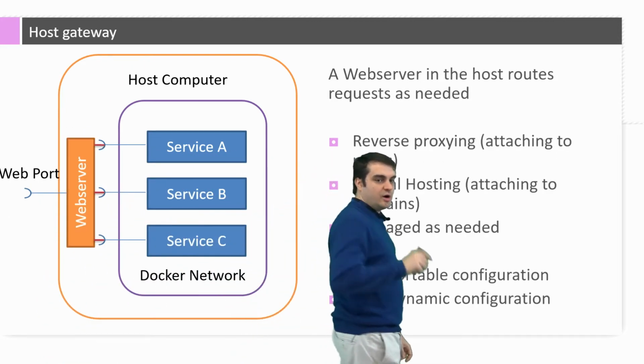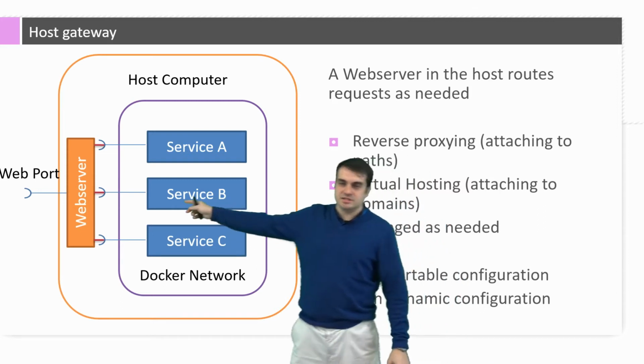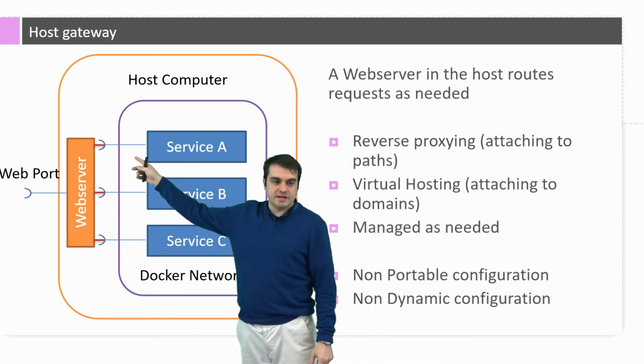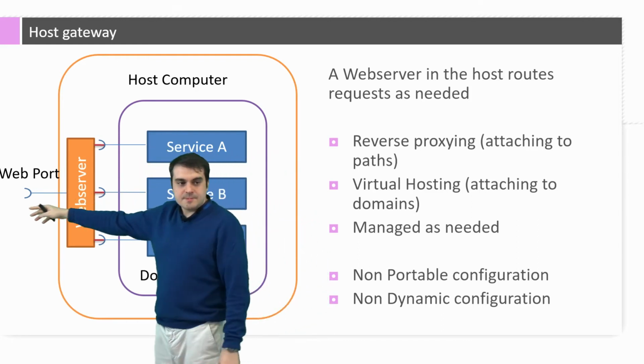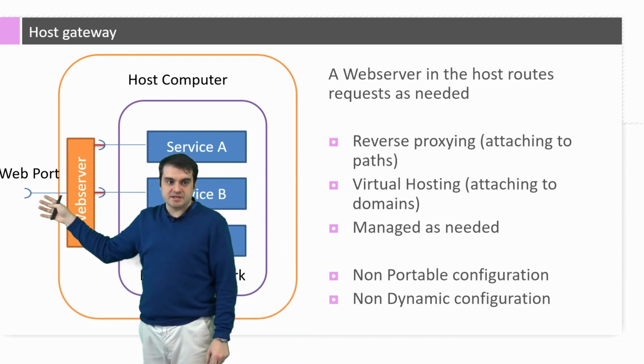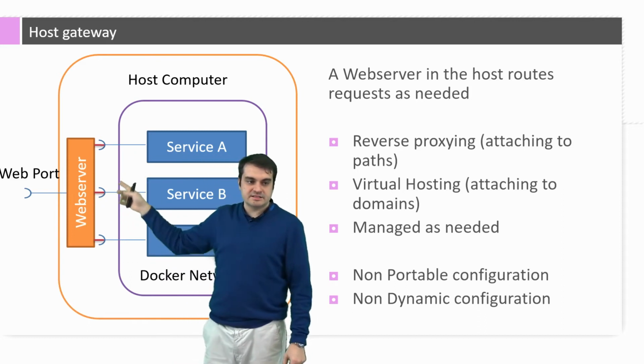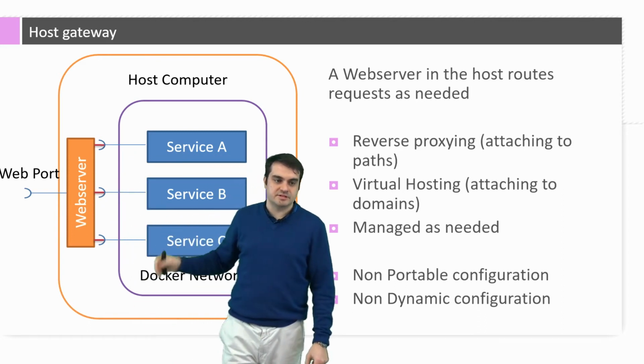We can use a host gateway. This is just setting up a web server inside the host computer that receives all the requests from the standard ports and then redirects them to the different services.